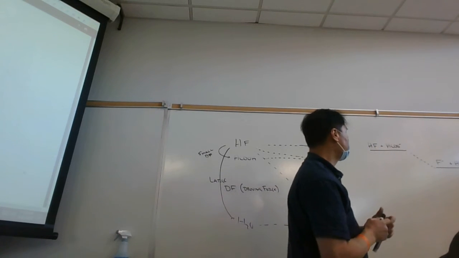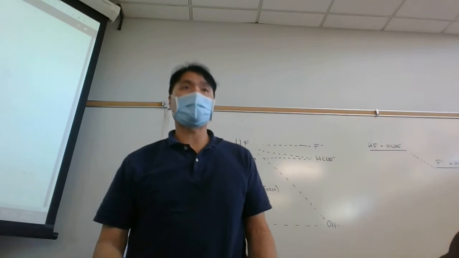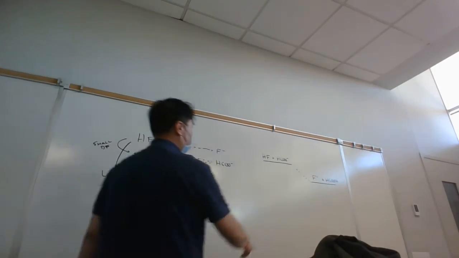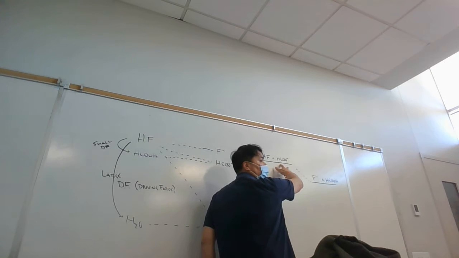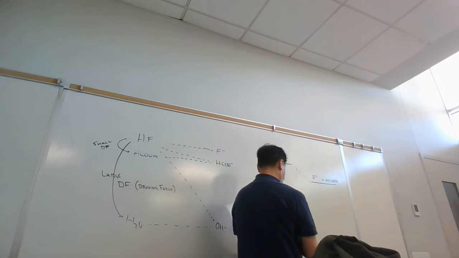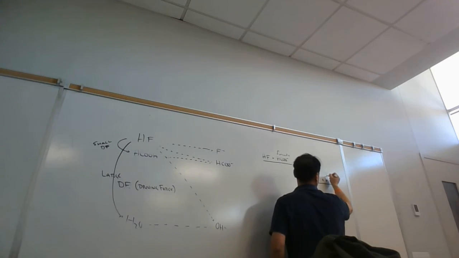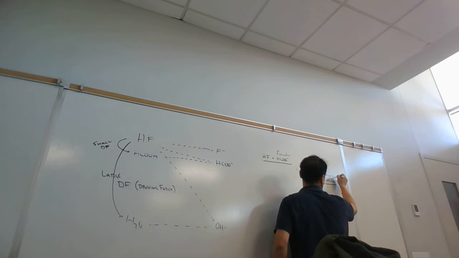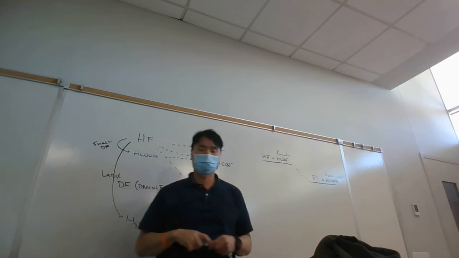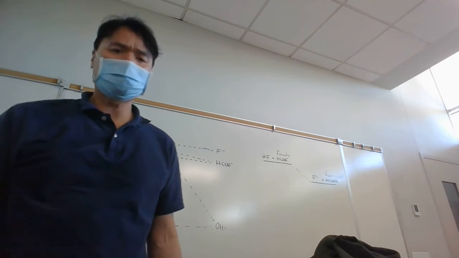In a Bronsted acid-base reaction, we have a proton transfer from the acid to the base. And so here, the proton is leaving the HF and going to the HCOO minus. You don't have to know the name of this one; the name of this one is formate. The name for this one is formic acid. And so we're going from formate to formic acid.